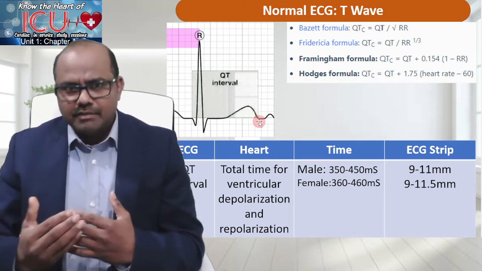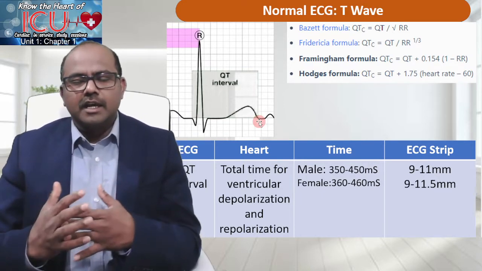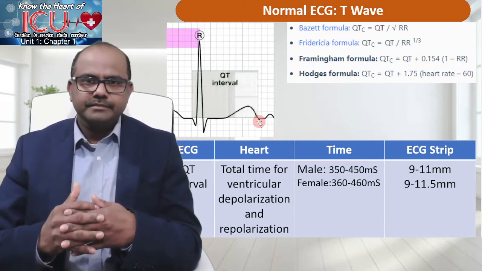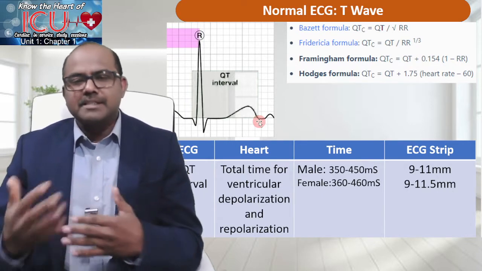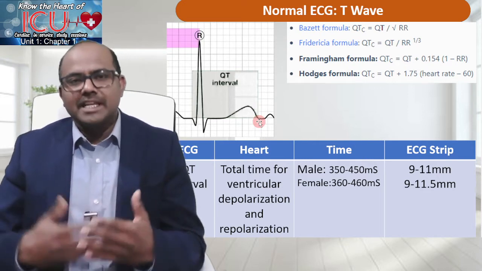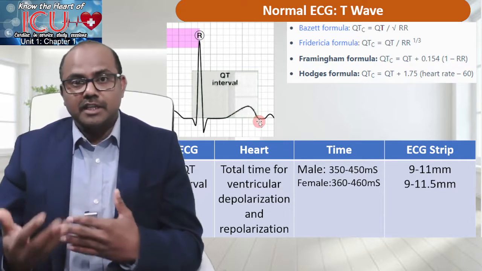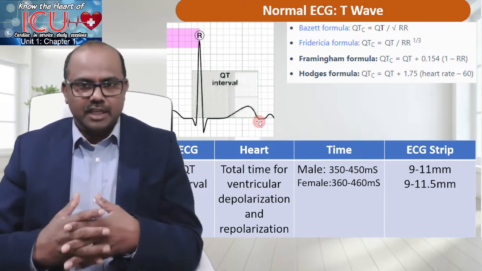Normally a QT interval itself doesn't have much value. We have to correct it to a heart rate of 60. We have to apply some equations and normalize it to a heart rate of 60. Then that is called the QTc, the corrected QT, and that has the therapeutic value.